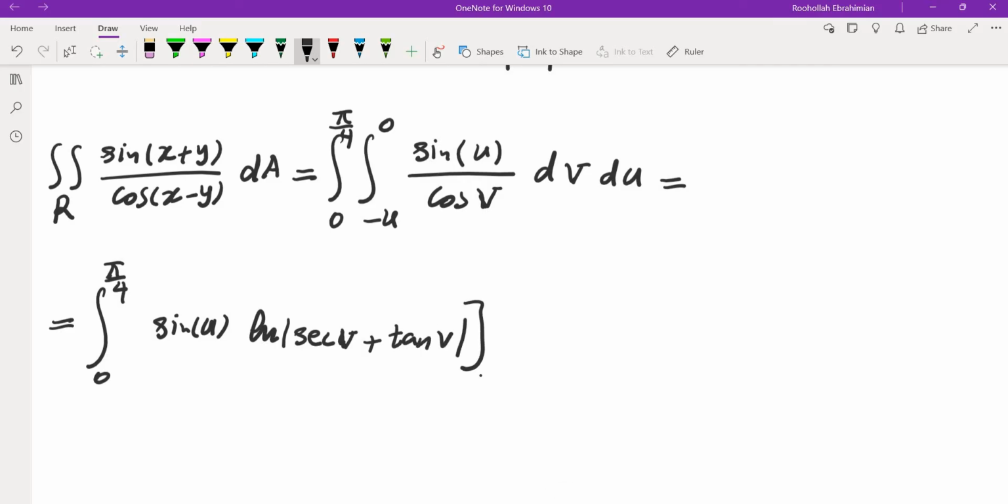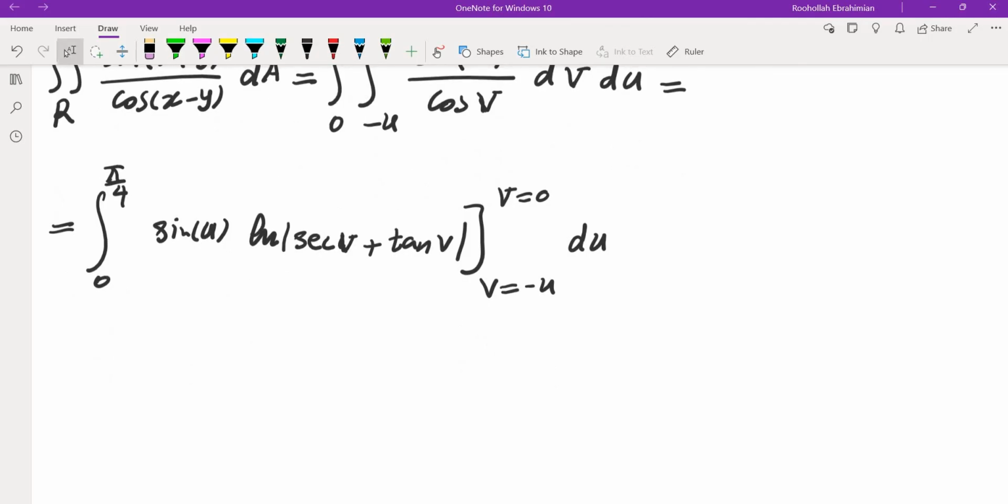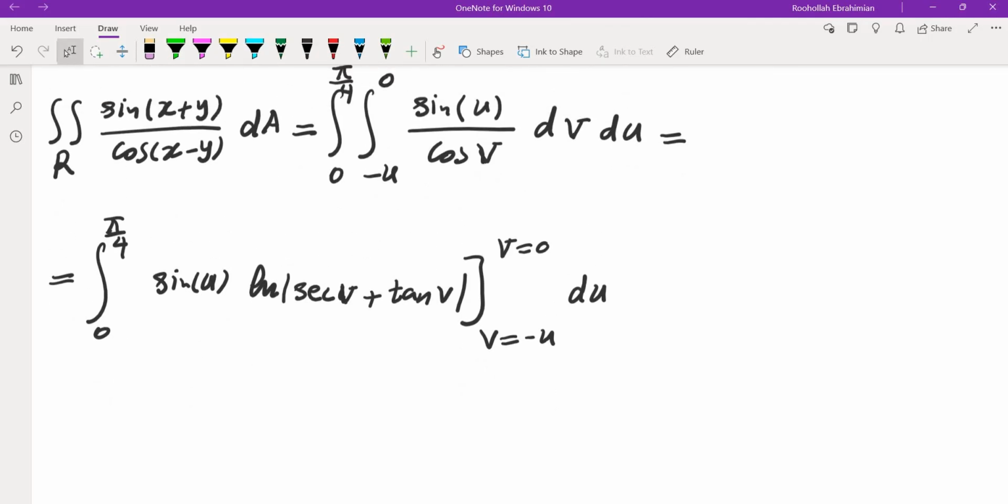And then we'll have to substitute v equals negative u to v equals 0, and then this is du. So once you want to evaluate this one, you see that this is going to get a little bit complicated once you plug in negative u. So this is going to be a bit complicated.